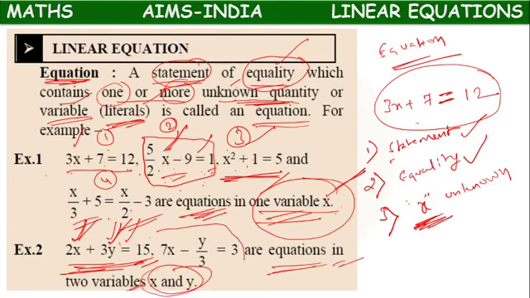This second example also: 7x minus y by 3 equals 3 is an equation in two variables x and y. Like this we can define an equation and take different examples.